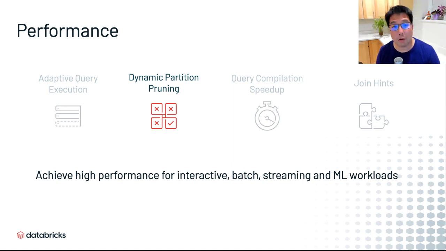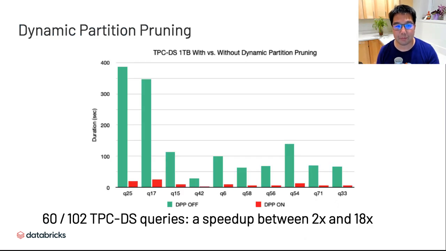This is particularly important for data warehousing and OLAP type star schema queries that result in significant performance improvements in TPC-DS performance, and for that matter, significant improvement in any of your data lakehouse queries. So, for example, when referring to the TPC-DS benchmark, 60 out of the 102 queries shown show a significant speedup somewhere between 2x and 18x when comparing with or without dynamic partition pruning. So, pretty sweet. Right, so it seems to me that this is something we probably want to keep.